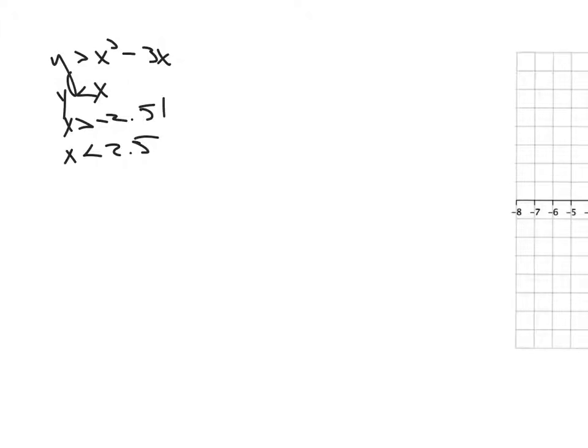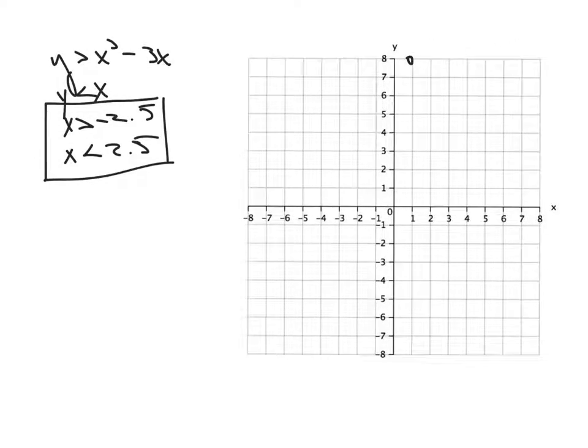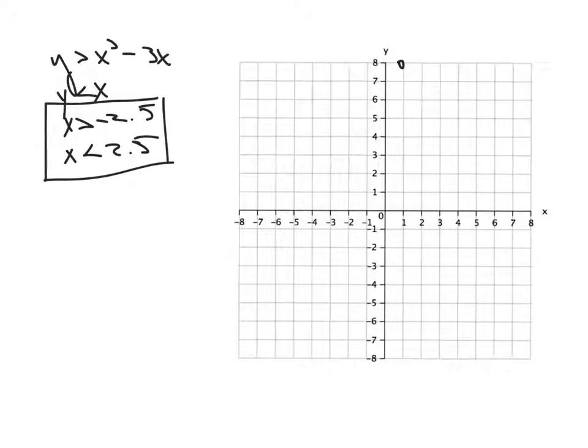Okay, since we have these bottom two parts to the graph, those are just telling us kind of the boundaries, that x has to be a number less than 2.5. So I'm going to draw a line here at 2.5.